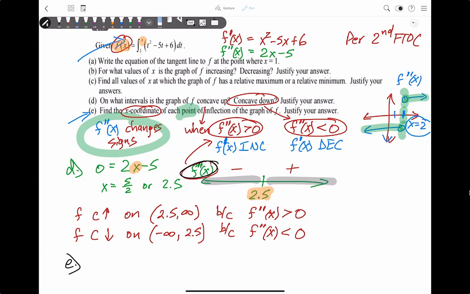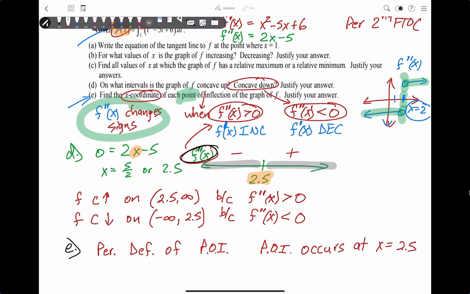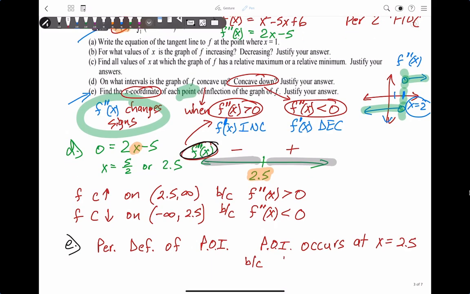We're going to say the point of inflection, so per definition of point of inflection, the POI occurs at x is equal to 2.5. And you're going to say because f double prime changes signs.